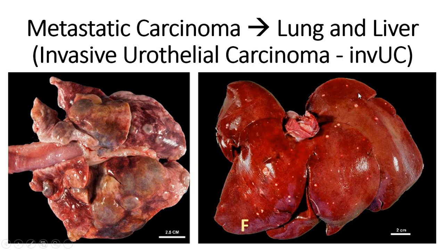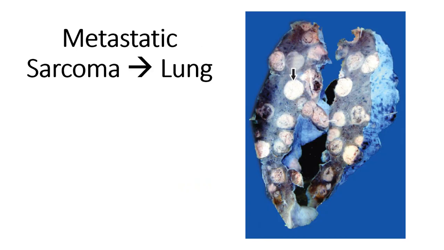Here are multiple formations, small or large, of tumors outside the primary site, outside the original organ. Here, this is a sarcoma that spread, or metastasized, into the lung.